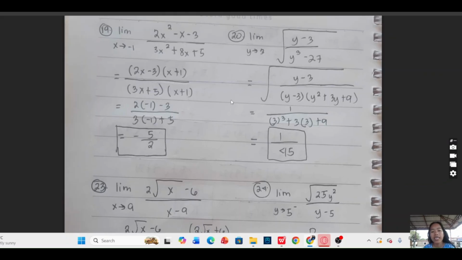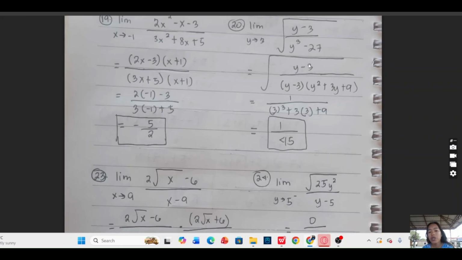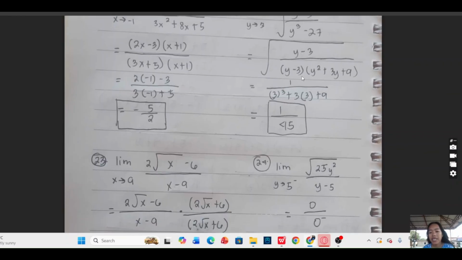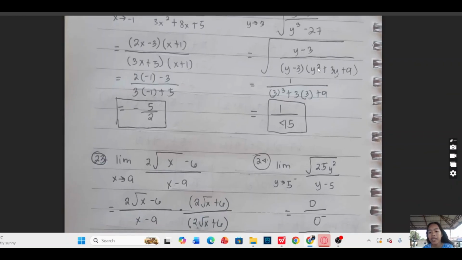So next is our number 20: the limit of square root of y minus 3 over y cubed minus 27 as y approaches positive 3. Again, we just need to copy the radical sign and copy y minus 3 as our numerator, and y cubed minus 27 can be expressed as y minus 3 times y squared plus 3y plus 9.